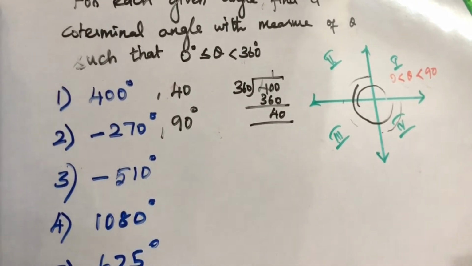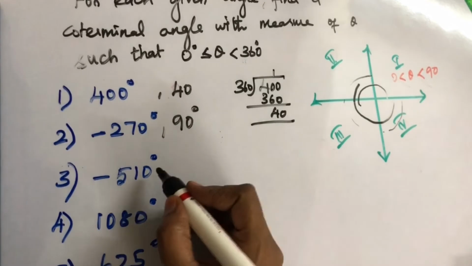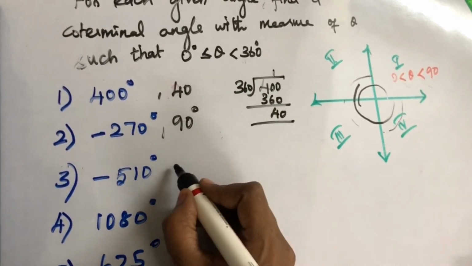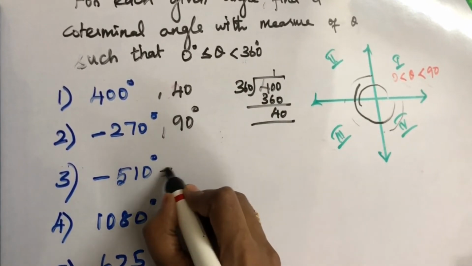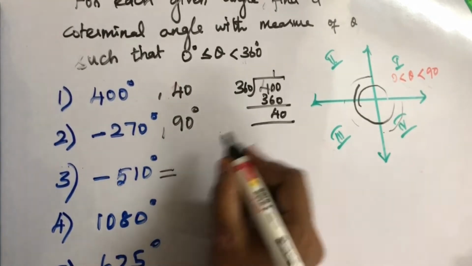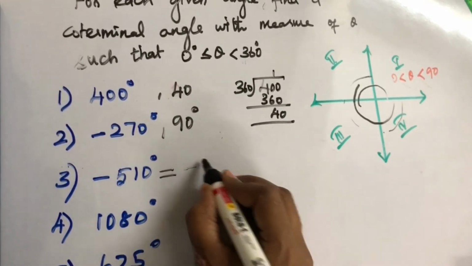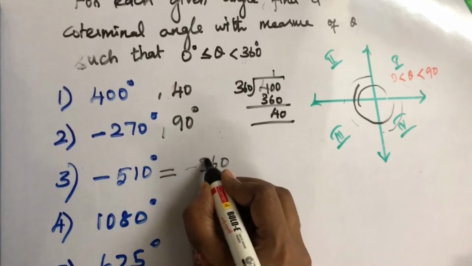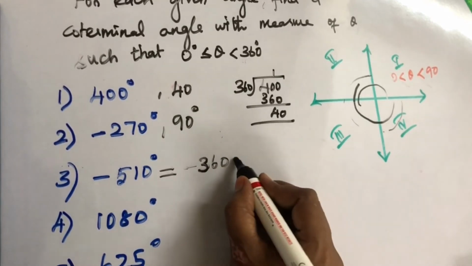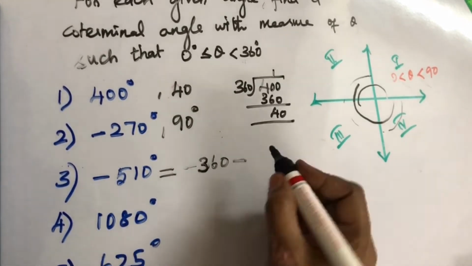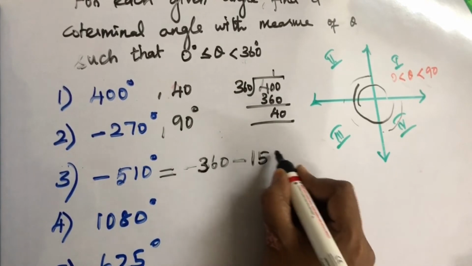Here it is minus 510. So you have to write minus 510 in terms of 360. So minus 360 and again minus 150.